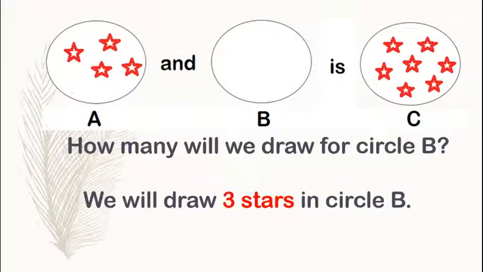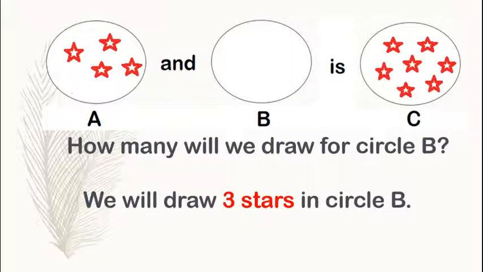So let's try another activity. We have here in circle A, 4 stars. But in circle B, there are no stars. And in circle C, we have 7 stars.